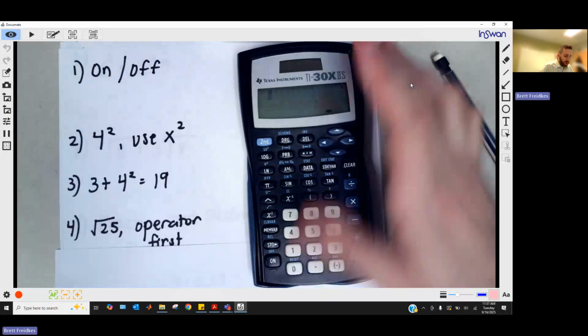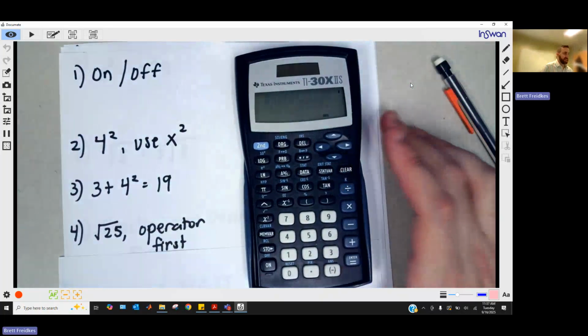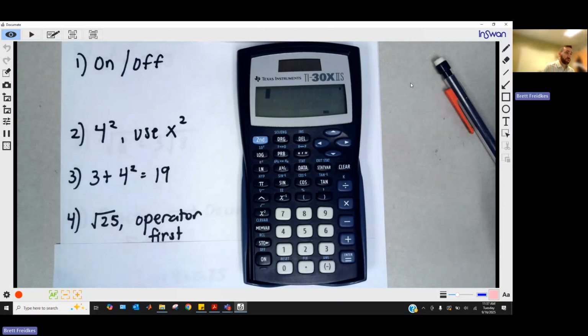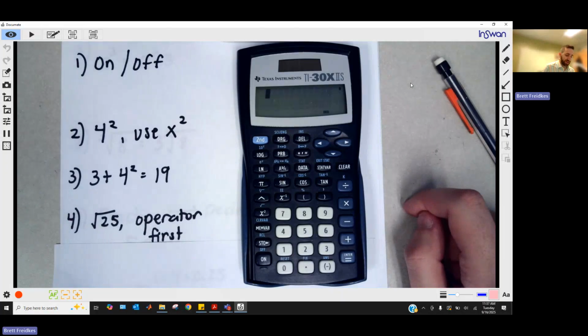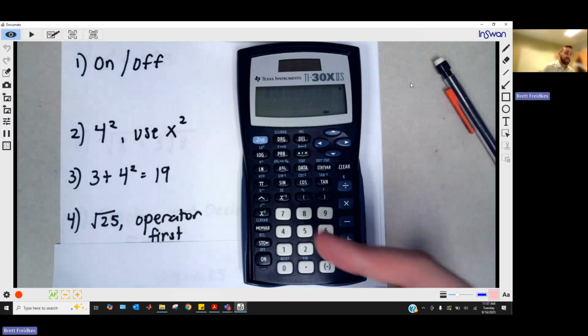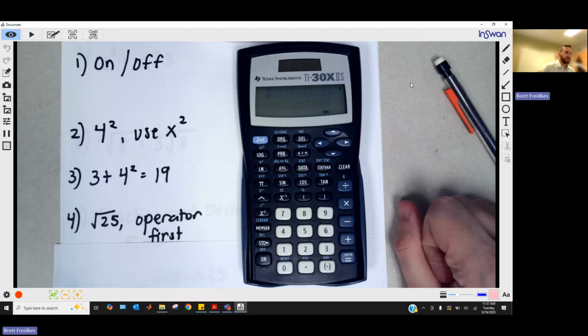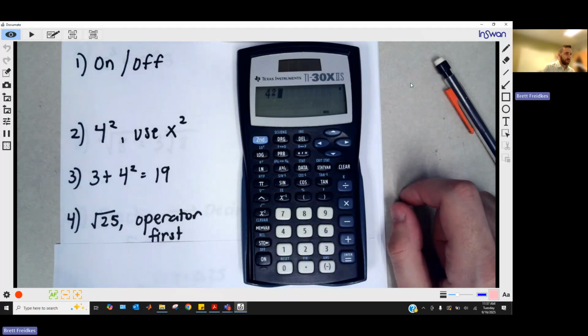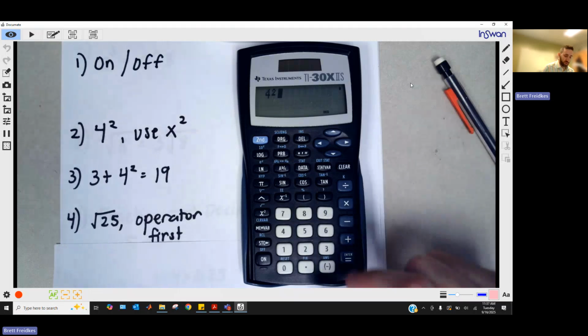Now, depending on what you're doing, which is different than the other calculator, you would always type the number in first, and then you would do the operation. So on the other calculator, it would be 25 followed by the square root key. On this calculator, it's the opposite. Really, you do it as if you're saying it out loud. So if I say x squared, I would read it out loud as 4 squared.